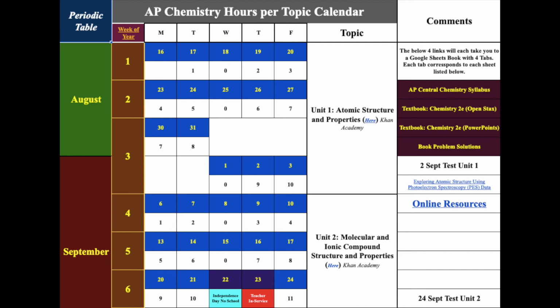This document, I think, is one of the more important documents you'll have in the course. It kind of keeps you organized. And you'll have 5 tabs. Each of my classes has a separate tab. You would hit the AP Chemistry tab. And then on the 5th tab is going to be the list of tests per unit.